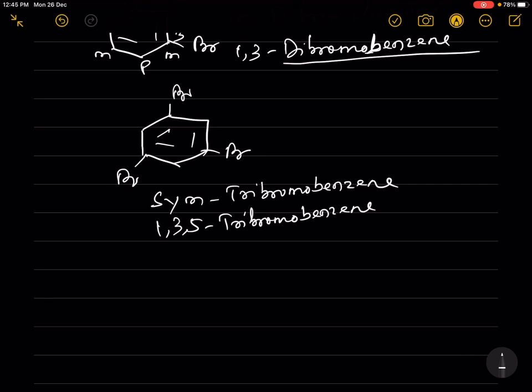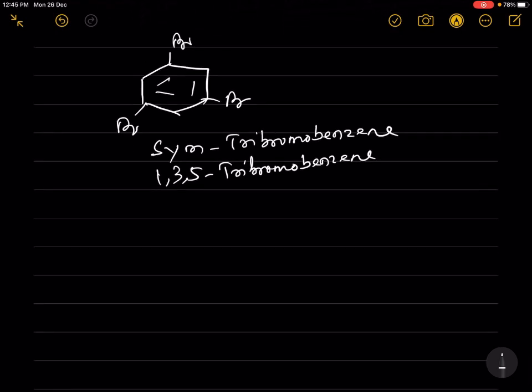Then you see, if a carbon is connected to 4 carbon atoms on 4 different sides, this is a neo carbon.